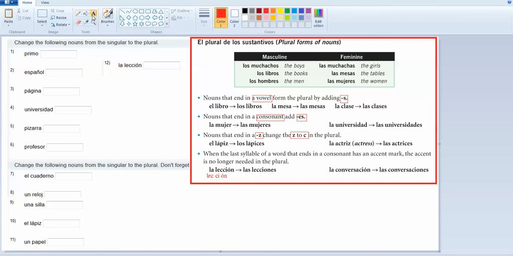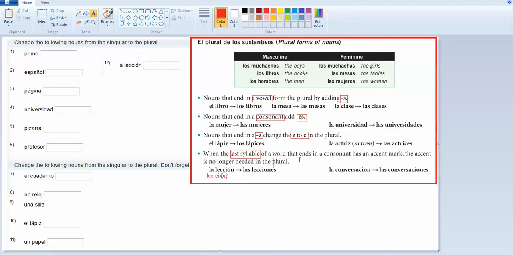If the last syllable happens to be the one that's accented right here, you're going to drop that accent mark when you make it plural. So if your accent's on the last syllable, you are going to get rid of it in the plural.